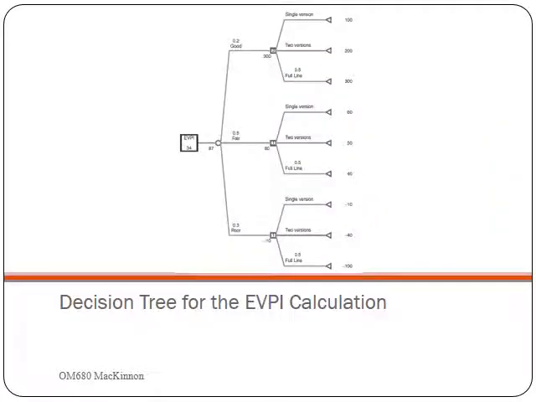So this is what it looks like in the decision tree for the expected value of perfect information. Notice that we have reversed the decision and the chance nodes. We have the chance node coming first. So if we start at the right hand side and work backwards, obviously with each decision, we're going to choose the highest payoff.